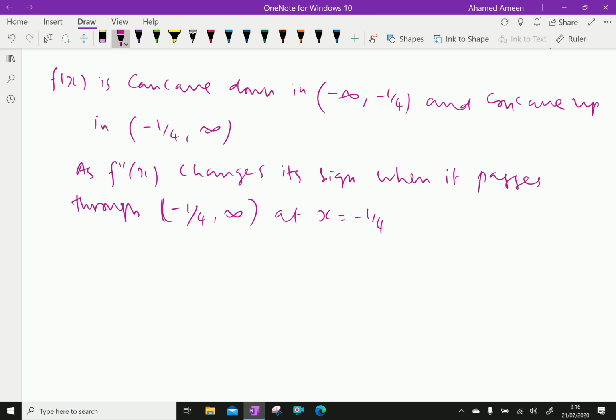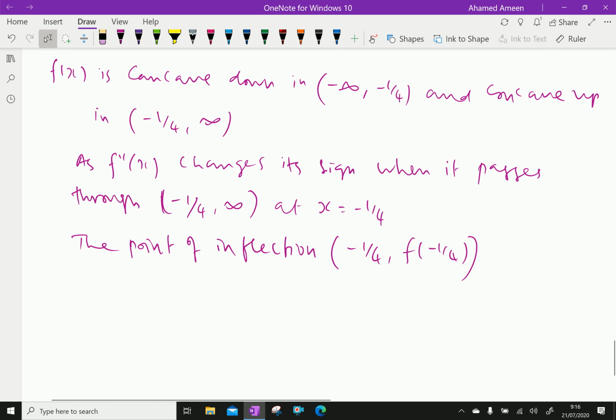Now let us substitute to find the point of inflection. The point of inflection is x equal to minus 1 by 4 and f of minus 1 by 4.